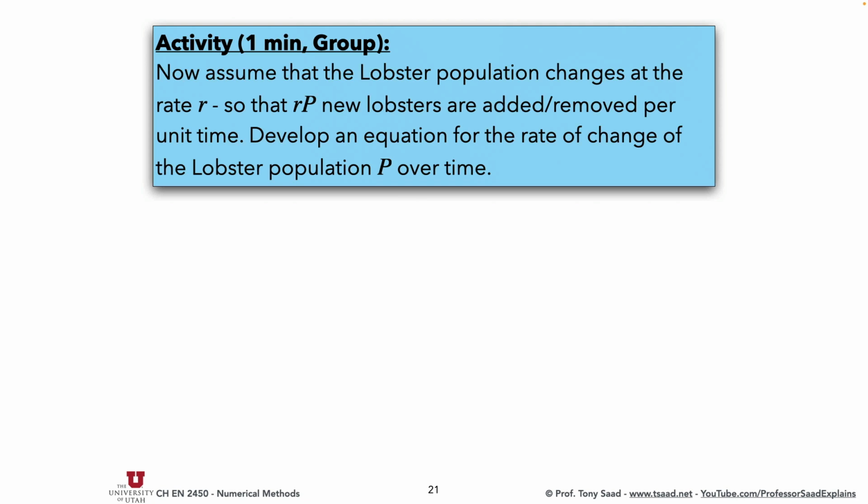So dP by dt. I'm saying that the rate of change is rP. So give me the differential equation. That's your first differential equation that you've created. r times P new lobsters are being created.